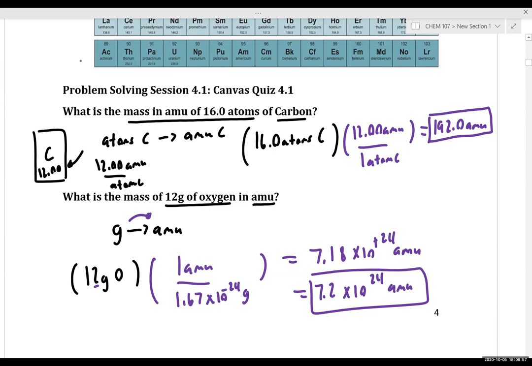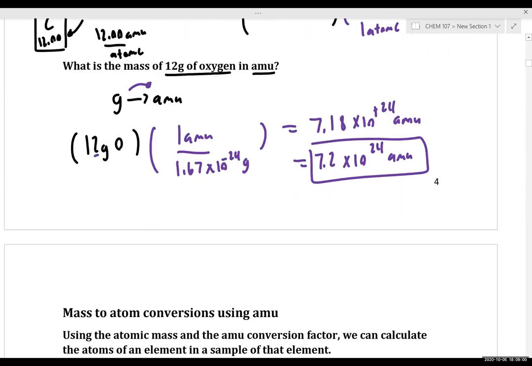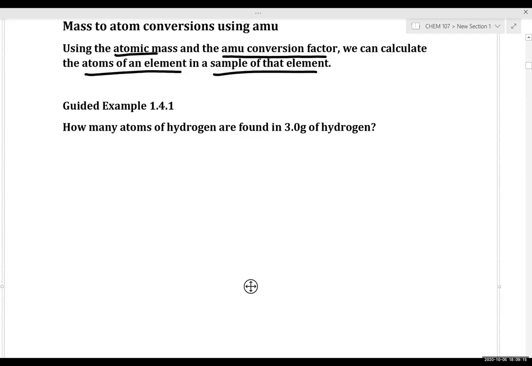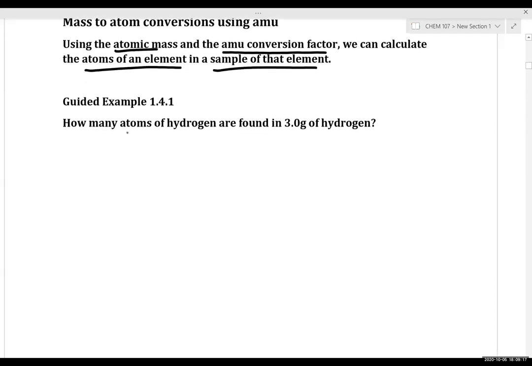Yes. Perfect. So let's discuss mass to atom conversions. Using the atomic mass and AMU conversion factor, we can calculate the atoms of an element in a sample of that element. For example, we're asked how many atoms of hydrogen are found in 3 grams of hydrogen, keeping in mind that hydrogen has an atomic mass of about 1 AMU.